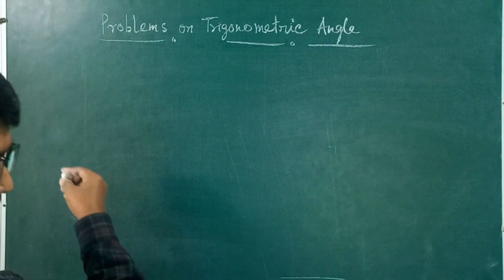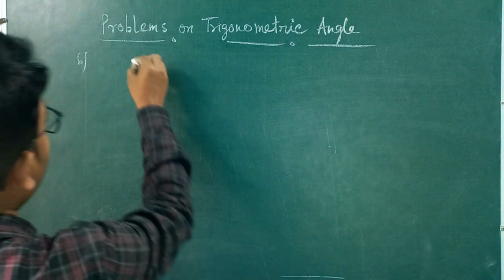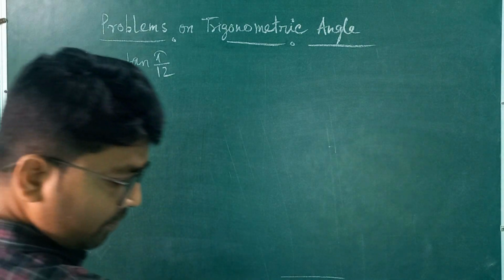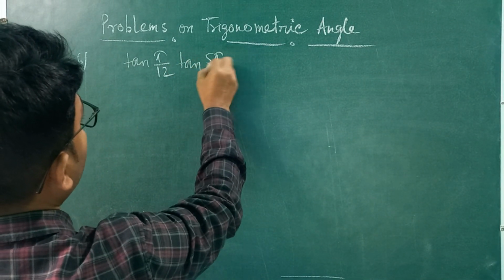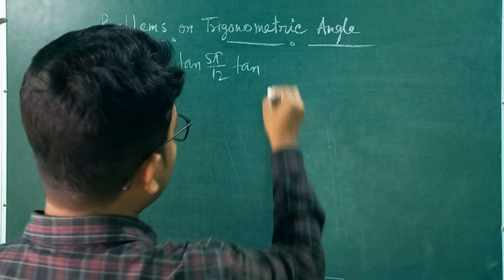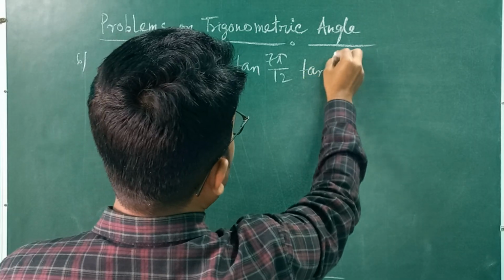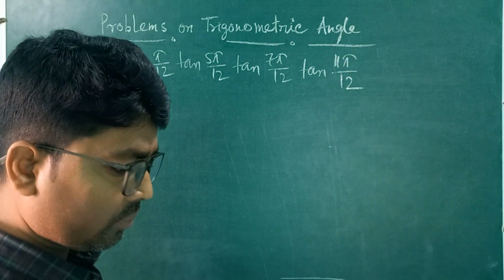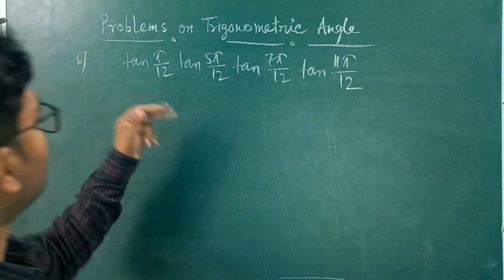This one in tan pi by 12, tan 5 pi by 12, tan 7 pi by 12 and tan 11 pi by 12. You have to calculate the value of this expression.